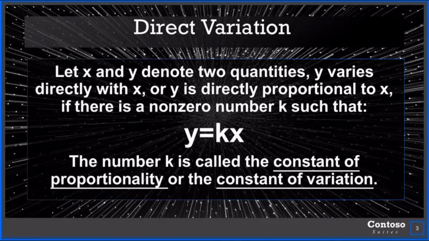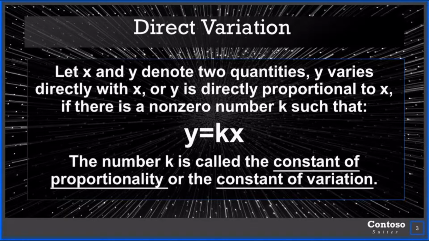Always remember, if we're talking about direct variation, we are given two quantities, and we are identifying the direct relationship between them. If the x quantity increases, the y quantity also increases, or if the x quantity decreases, our y quantity decreases.